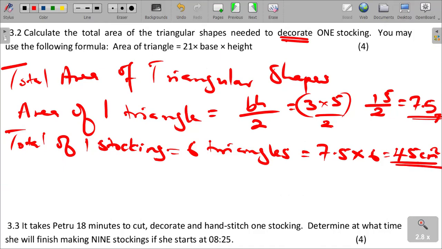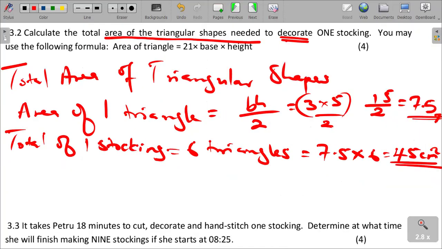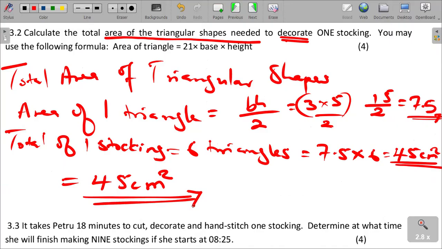And that is the total area of the triangles needed: 45 square centimeters. That is what we can get there.